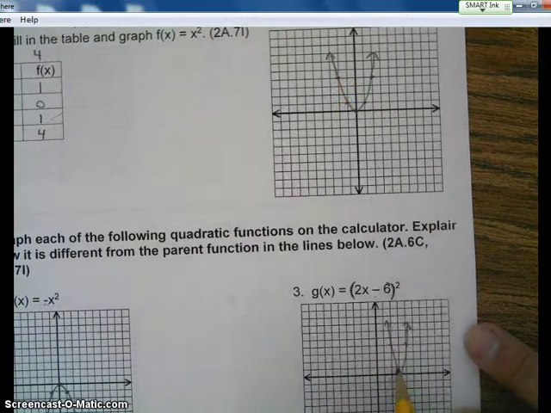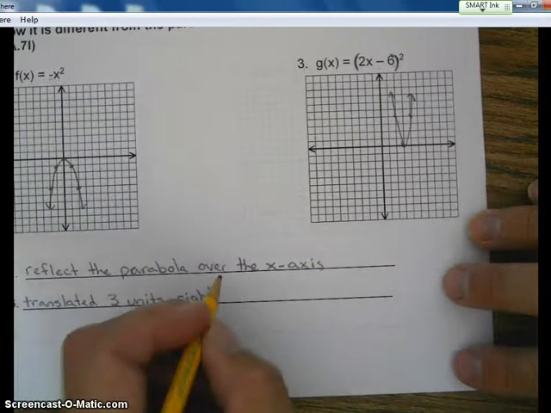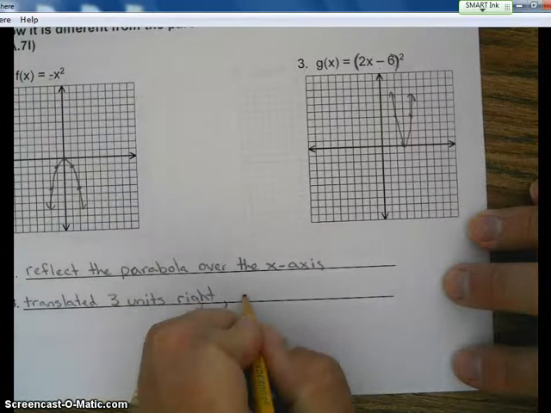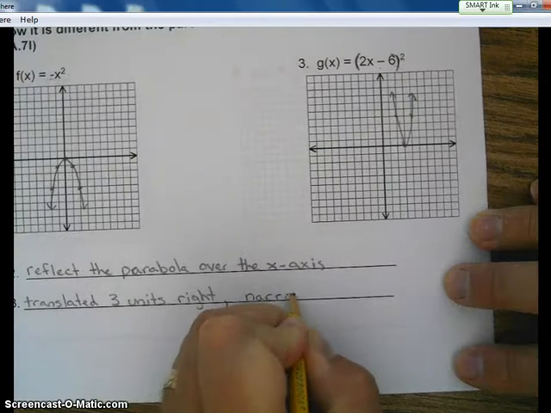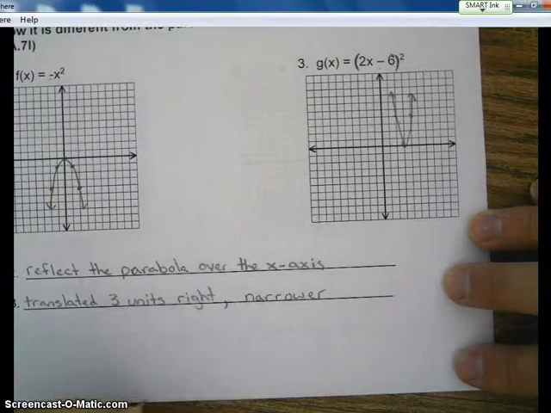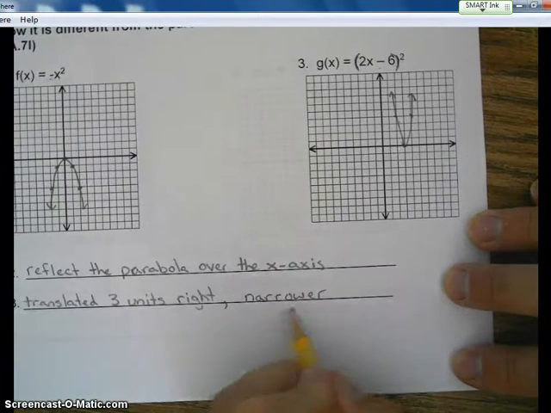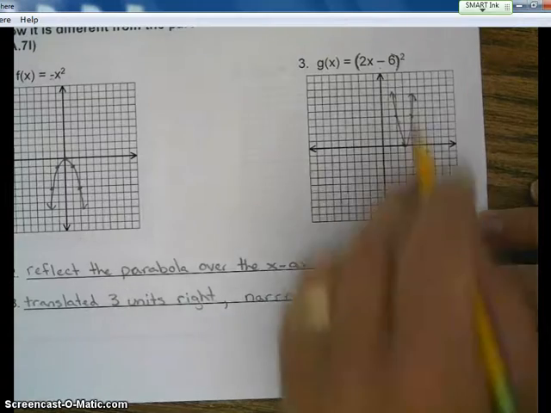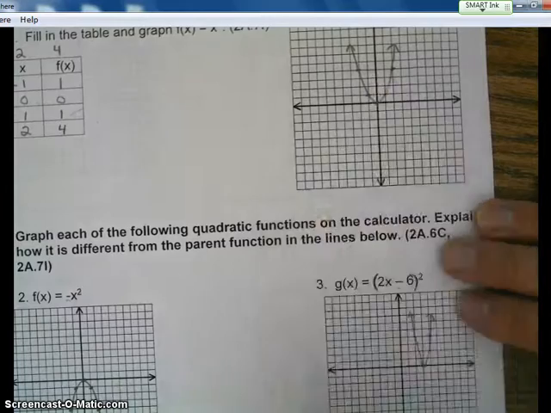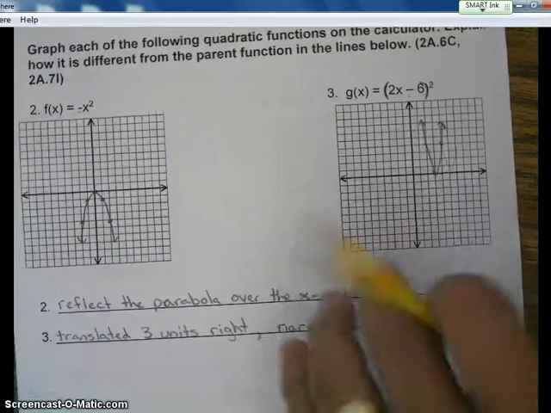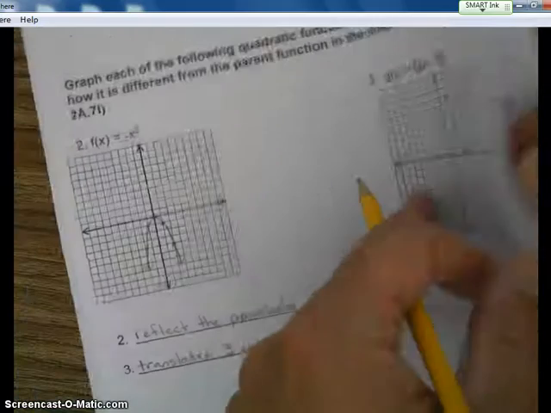So for right now, we're just going to say that it's narrower, and we'll talk about a better way of writing that. Right now, we're just making a little observation on how the parent changes. Okay, so turn the page.